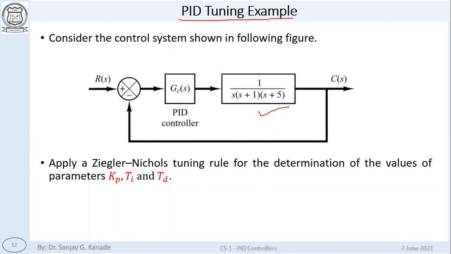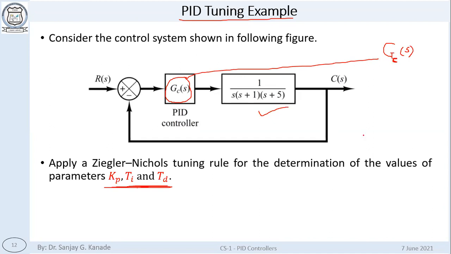What does it mean really? It means nothing but designing the PID controller, right? Designing a PID controller means to find out the transfer function Gc(s), the transfer function of the controller.